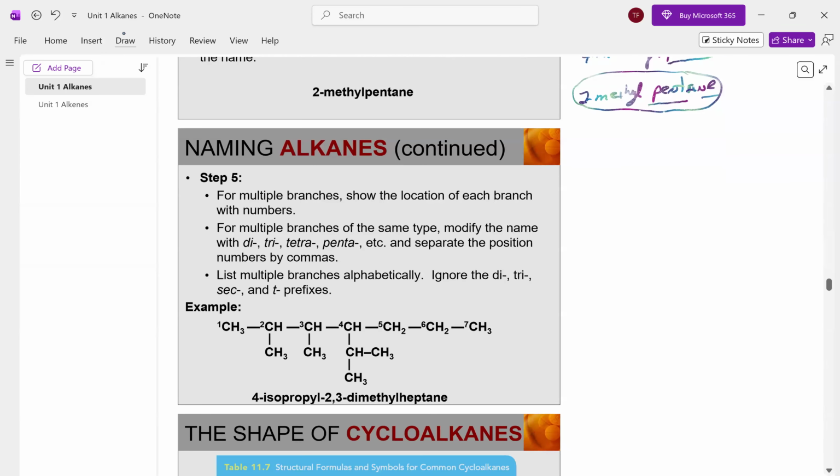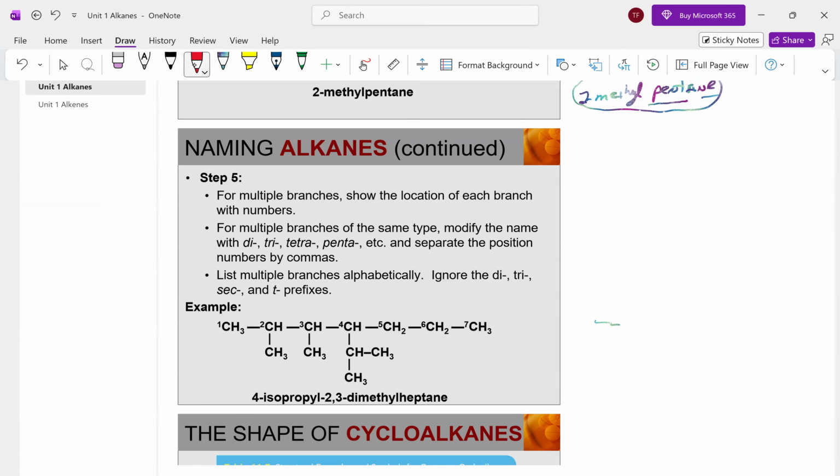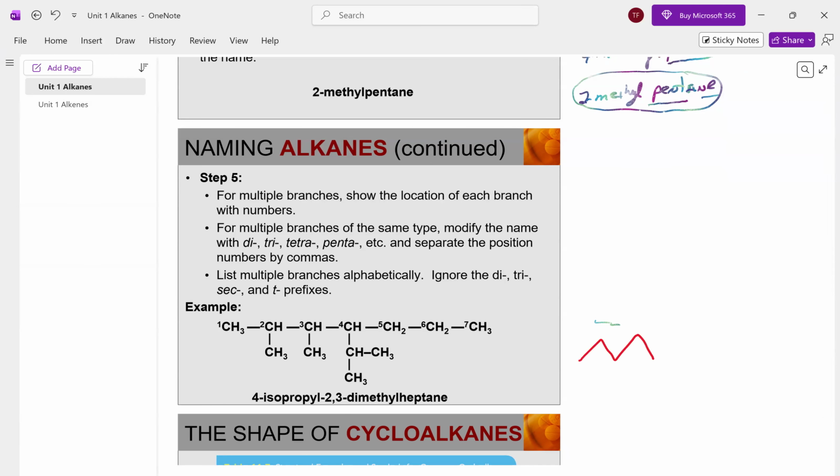All right, so we can have multiple branches. Okay, so let's do this as a line draw. We've got 7 on the backbone. So we're going to go 1, 2, 3, 4, 5, 6, 7. Now, the way I do it is as my pen is on the paper, I go 1, and then go however many I need to do. All right, so we've got a branch.